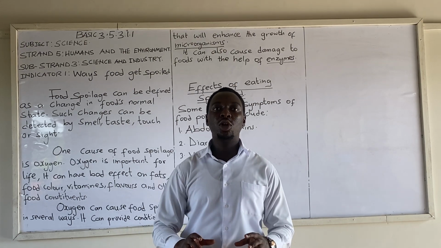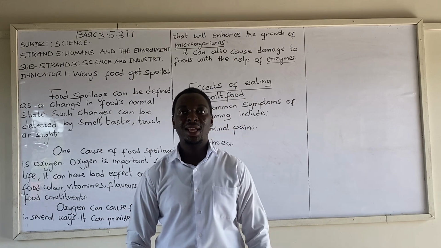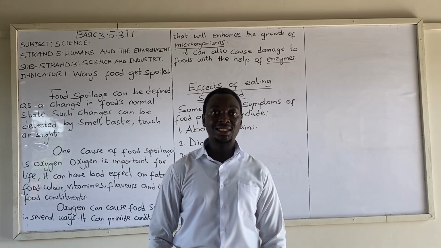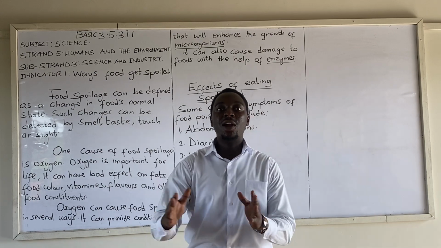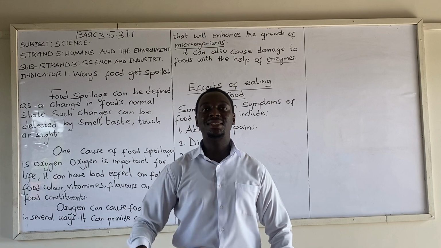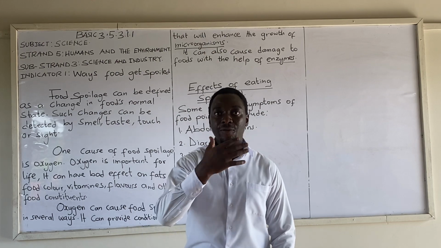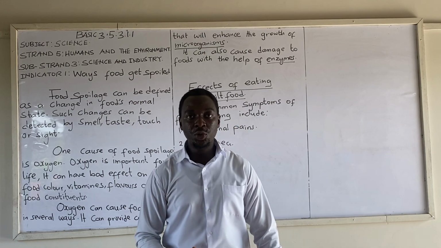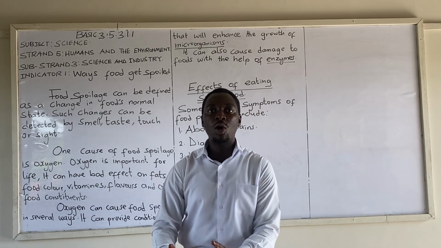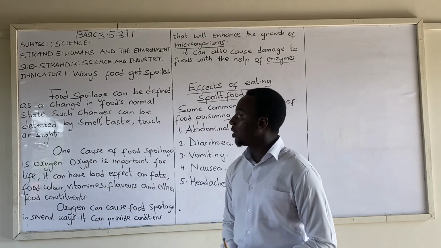Examples of microorganisms are pathogens, that is, bacteria, viruses, and other forms of living organisms in that state. We can't see them with our naked eyes unless we use a microscope, so we term them microorganisms.